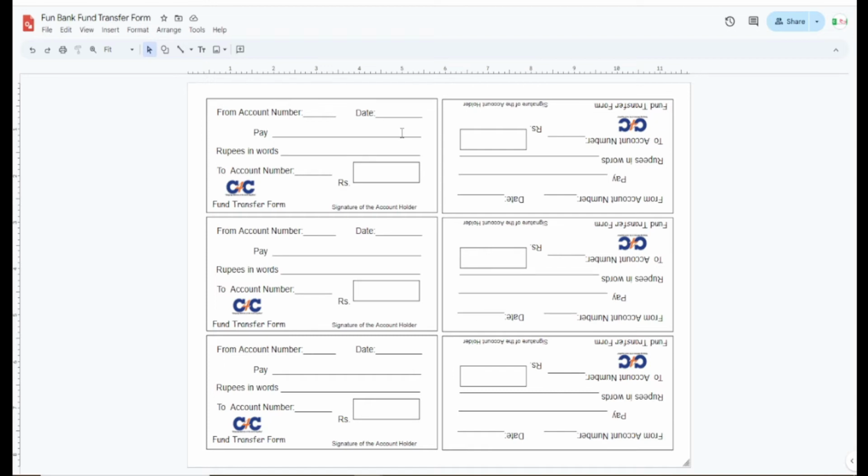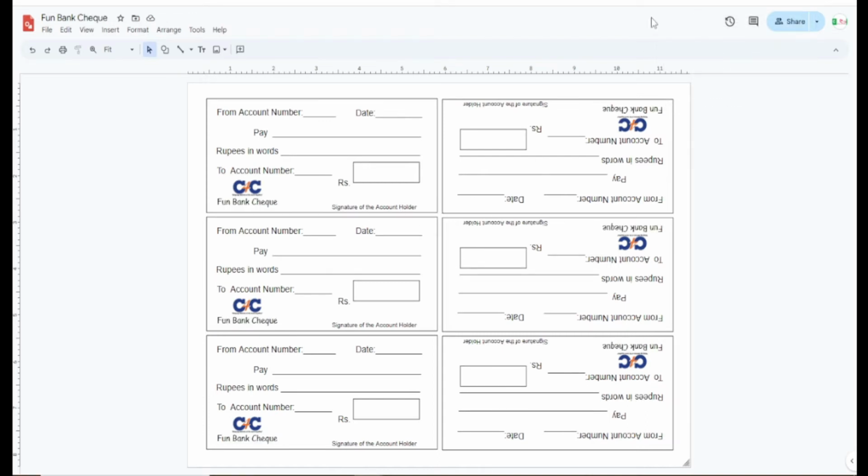They need to mention rupees in words, like the earlier form, rupees in number, and the signature. Finally it will be submitted to counter 1 along with the passbook. So that can be done.